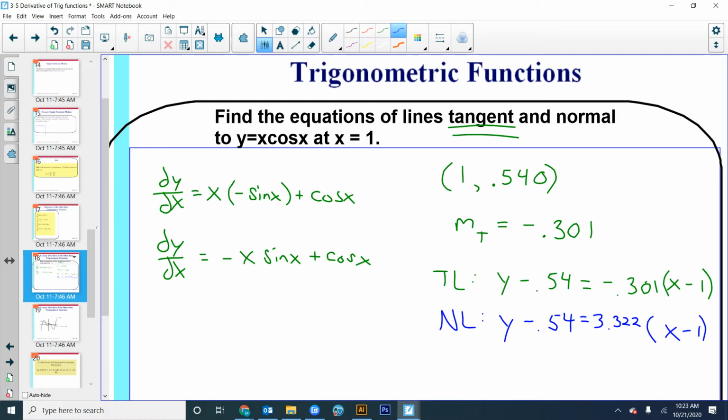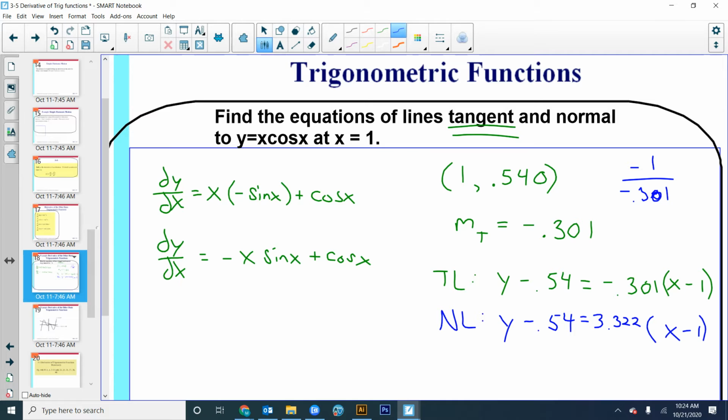Matthew? How'd you get the slope of the normal line? Yeah, so it's the opposite reciprocal. They're perpendicular. So I did opposite reciprocal. If I say 2/3 is your tangent slope, the opposite reciprocal of 2/3 is negative 3/2.